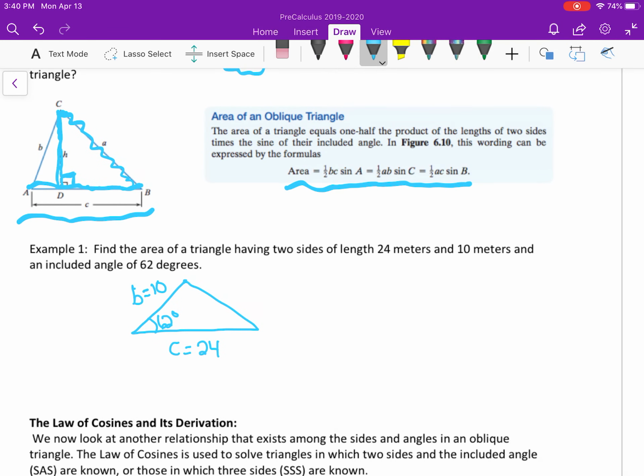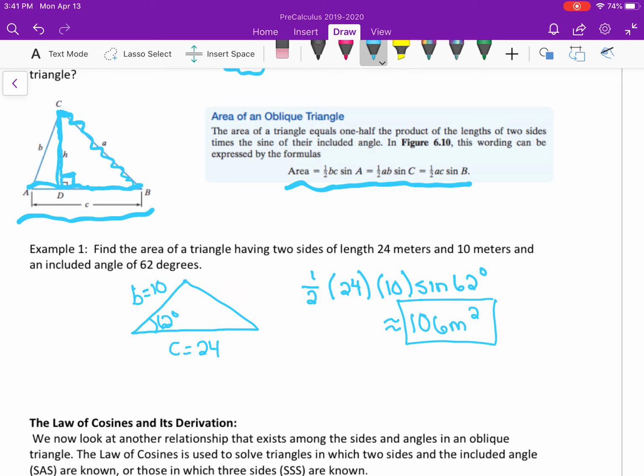Whenever you have a side, an included angle, and a side, you can use this awesome formula, and it's really straightforward. It's just 1/2 whatever side you have times whatever other side you have times the sine of whatever angle you have. And you just put that right in your calculator and you get about 106 meters squared.